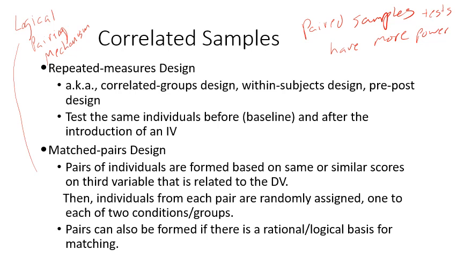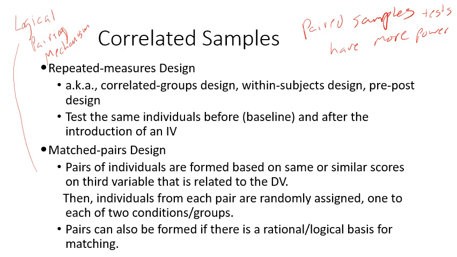The individuals from each pair can be randomly assigned to one of 2 conditions. Let's say you want to test 2 different individuals that have a logical third thing, like they're both extroverted. So you've got 2 different samples and you pair people on their level of extroversion. That would be a pairing mechanism.